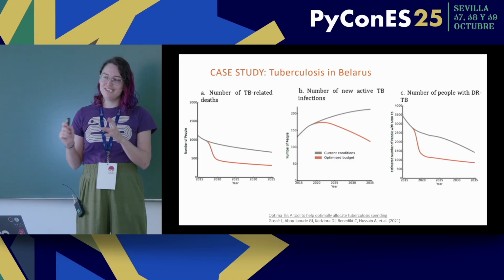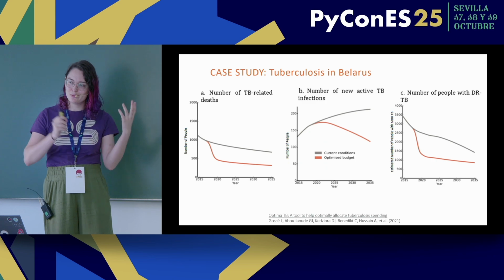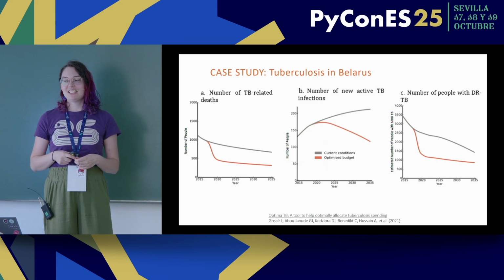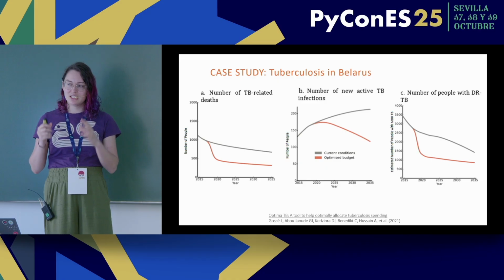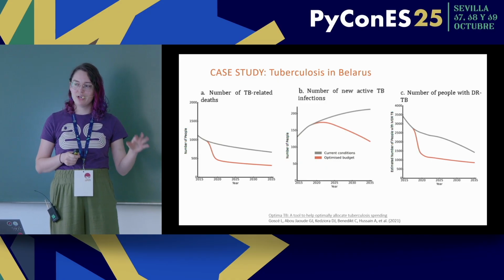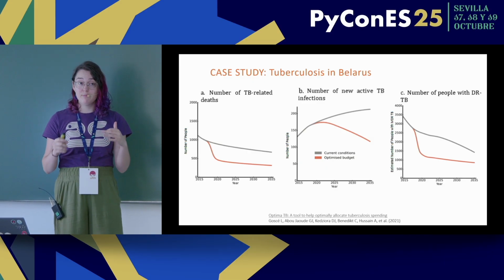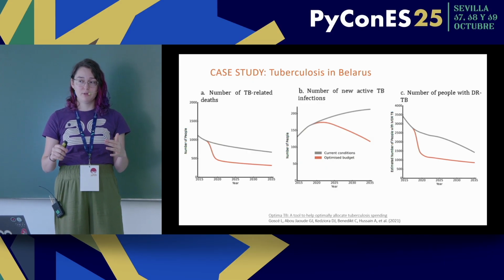And I find this paper really, really interesting. This was one of the studies that was done within my team. It's really interesting because it's the same funding level. The gray line is under current conditions, current spending, and the red line is the same budget optimized by Atomica.